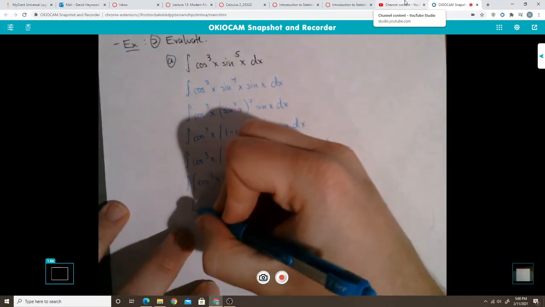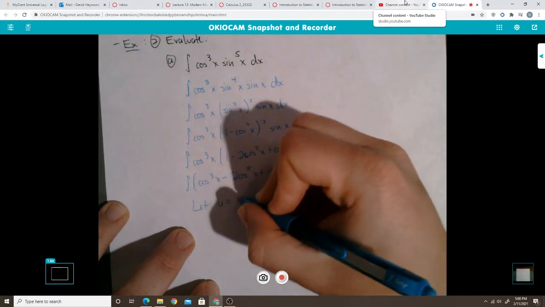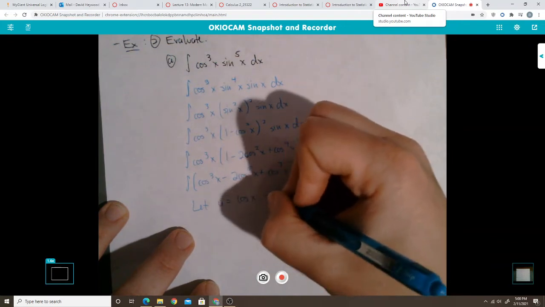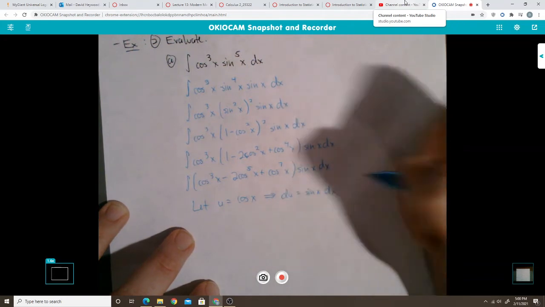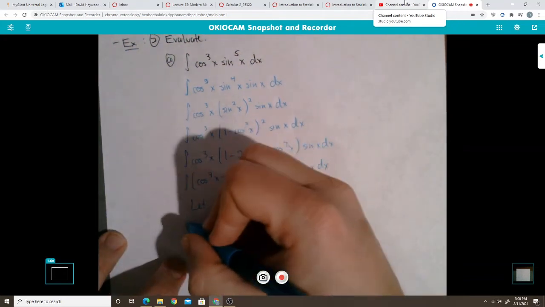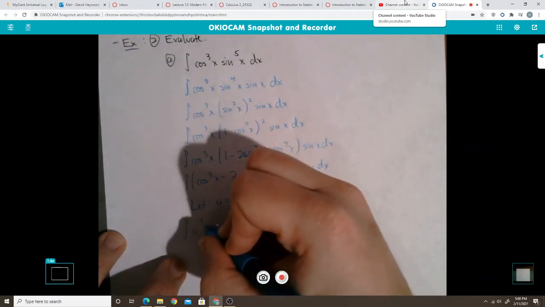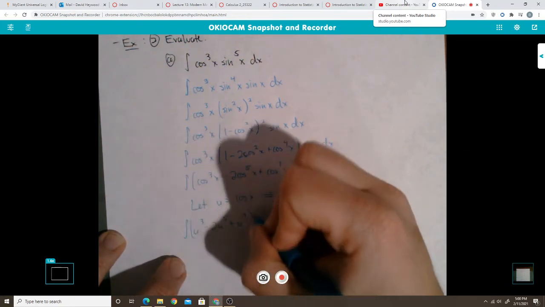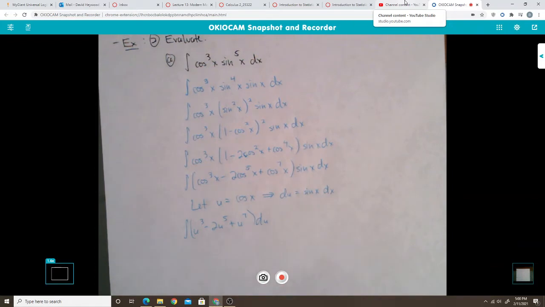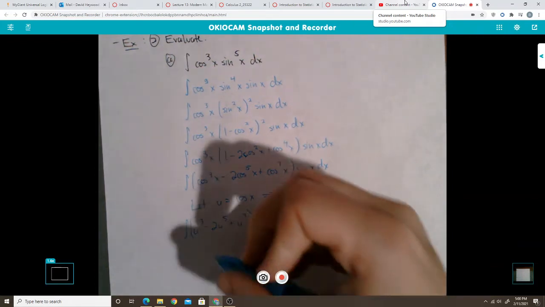And then let u be cosine x, and du is going to be sine x dx. Making the replacements, we get u cubed minus 2u to the 5th plus u to the 7th du. The rest is history. So I'm not going to finish it.